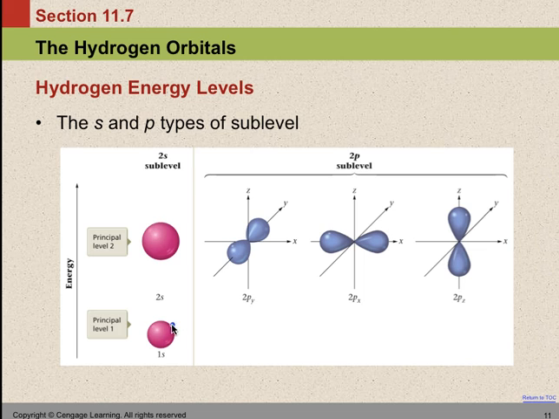The S sublevels, again, like spheres, S sublevel, S orbital, shaped like spheres. The P orbital shaped like a double peanut, oriented along the different axes. And when you put them all together, they kind of look like everlasting gobstoppers, and we'll do that with balloons later on.